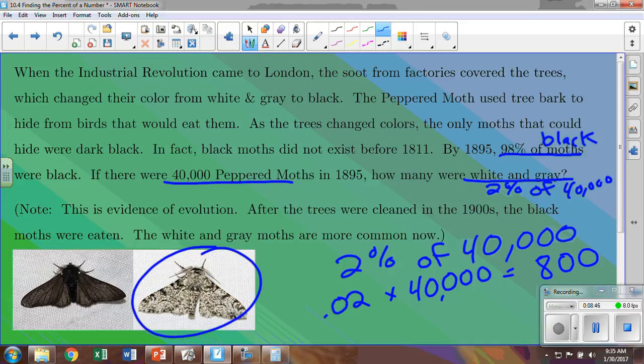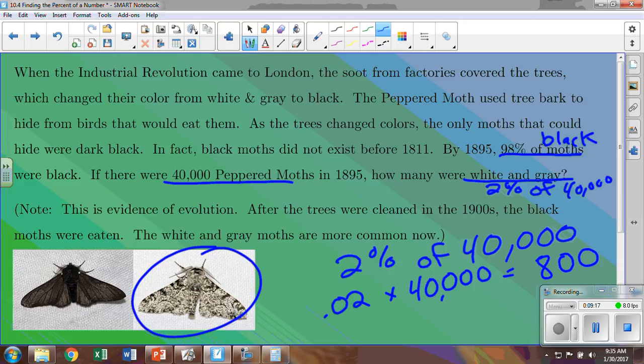After they cleaned up some of the factories so that there wasn't as much pollution, they did go through and clean the trees. And then once the trees went back to being white and gray, all of a sudden all those black moths were getting eaten. And now the white and gray moths are more common because the original environment got restored. The moths readapted back to the original environment through evolution.